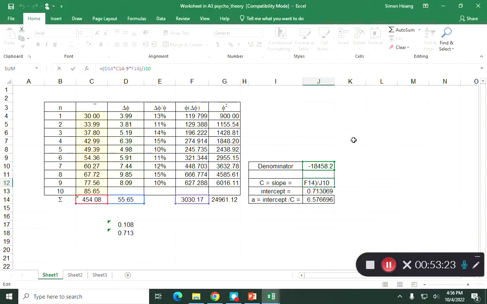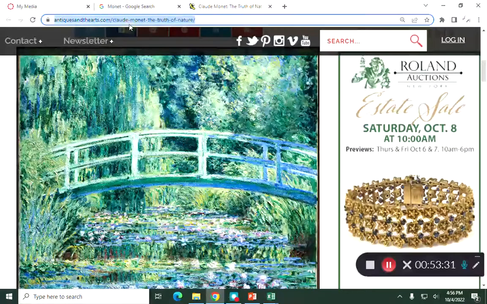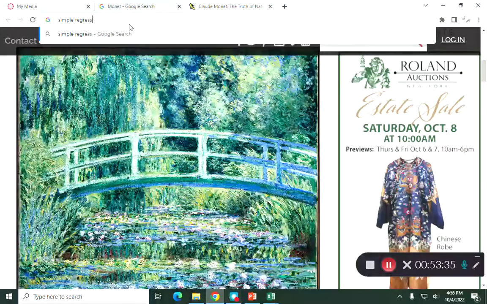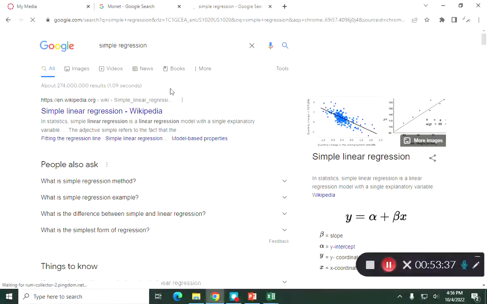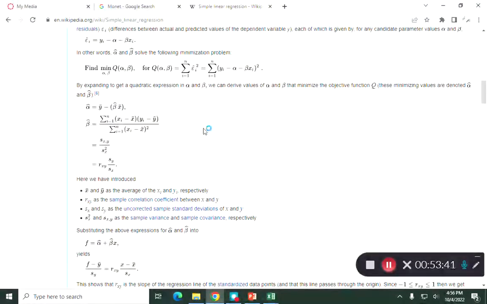I'll show you guys later, this is basically simple regression. Remember when we did regression? Here, let me find a simple regression. In a simple regression, how do we estimate the beta term?